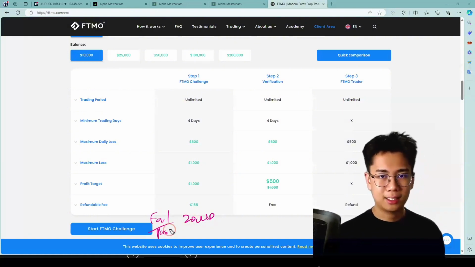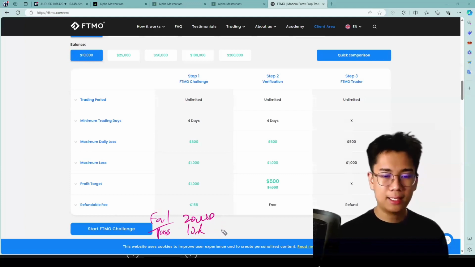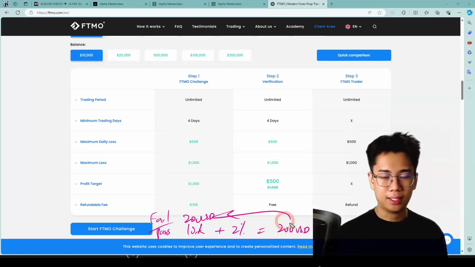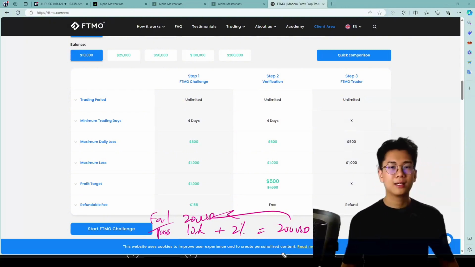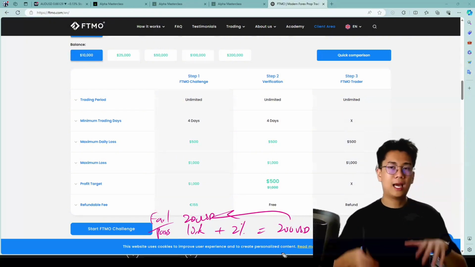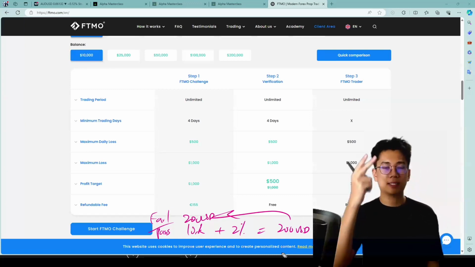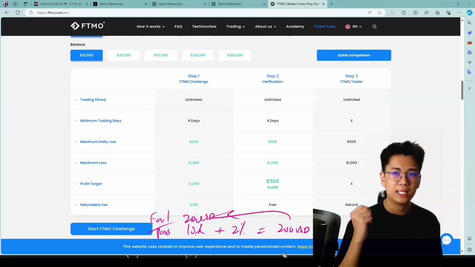If you pass, you get a $10,000 account. And at the same time, if you trade for just a 2% profit, you can make $200. That is enough to cover it already. Meaning, if you already have a strategy that you know can make at least 2% per month, it's not an issue anymore.